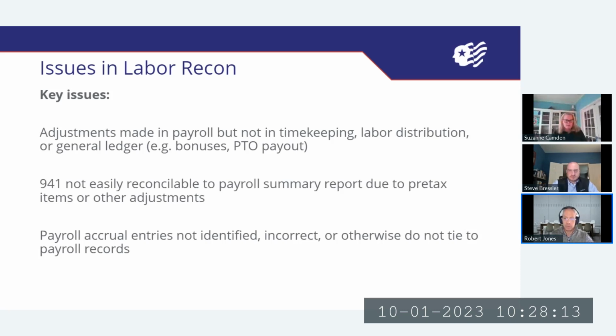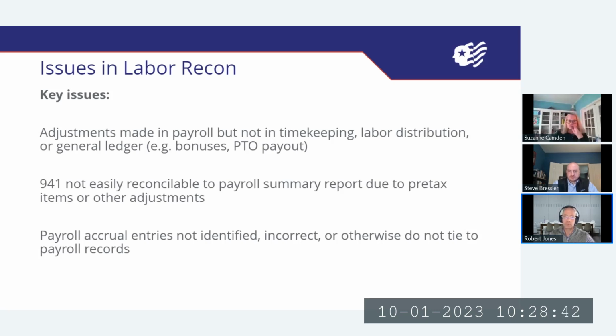One of my recommendations to clients is that you create a separate account to post your payroll accrual entry to. So for example, if you have a direct labor account and you're going to have accrued direct labor, you should have a separate account for that accrual. That way we're not commingling labor distribution, the actual timekeeping, the timesheet posting transactions.